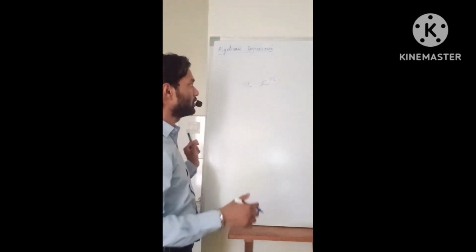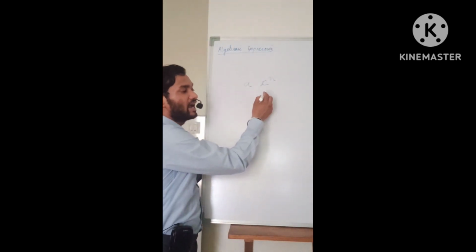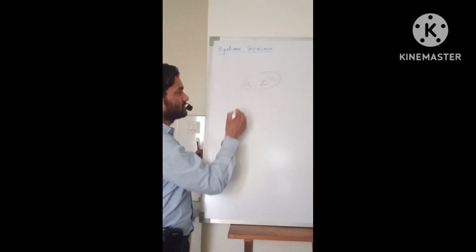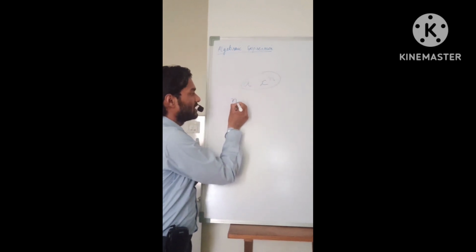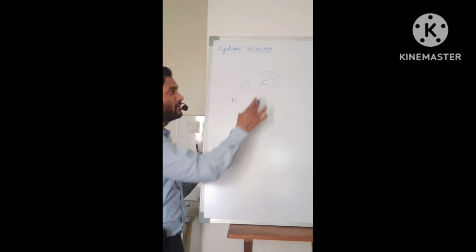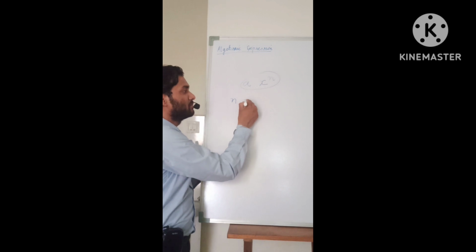Then what is a polynomial expression? There is a very slight difference between a polynomial and an algebraic expression. Just see here. In an algebraic expression, the exponents or powers which we take for the variable can be any real number.